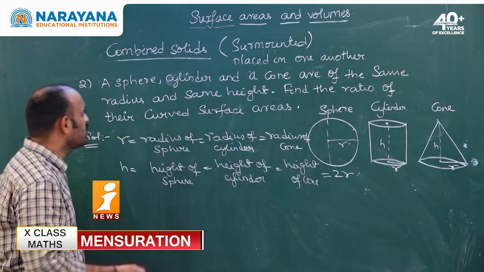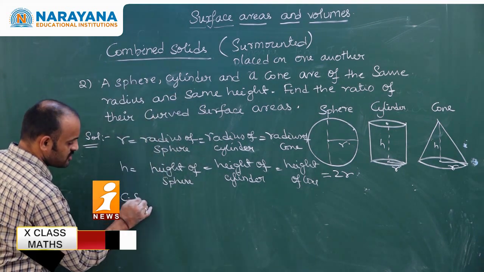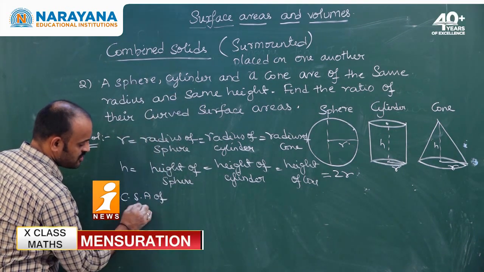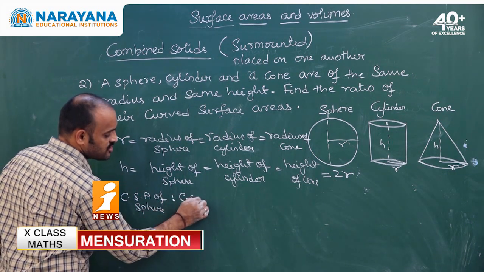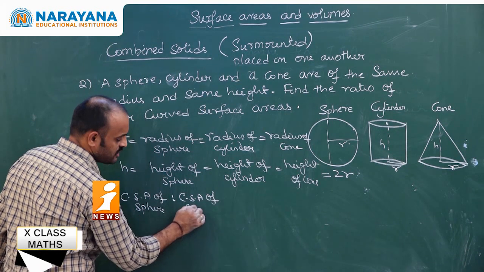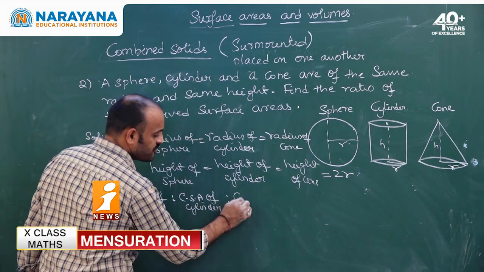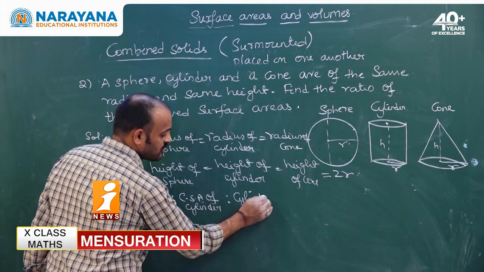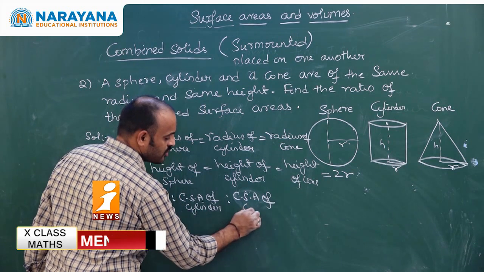Now we need to find out the ratio of their curved surface areas. That means CSA of sphere is to CSA of cylinder is to CSA of cone.